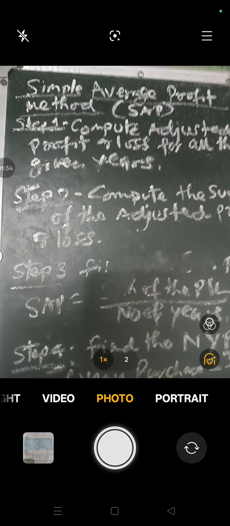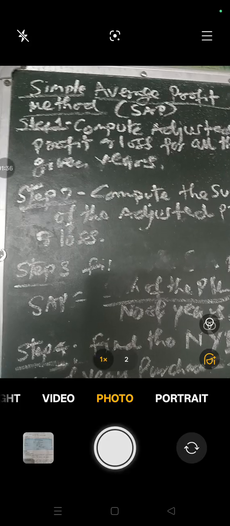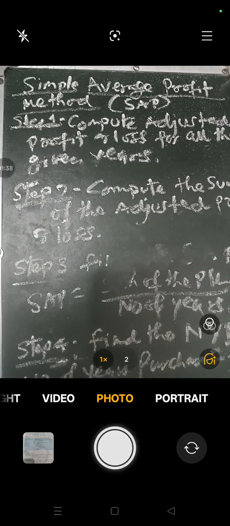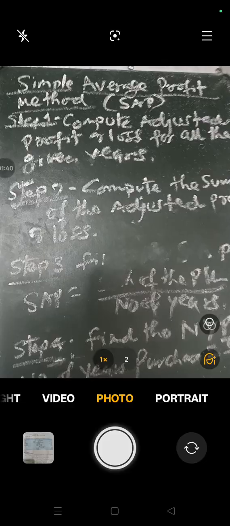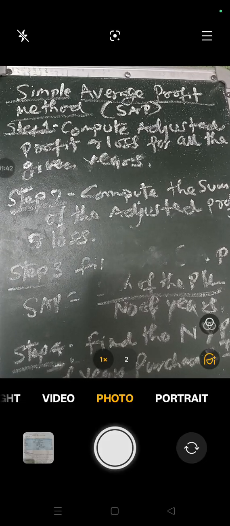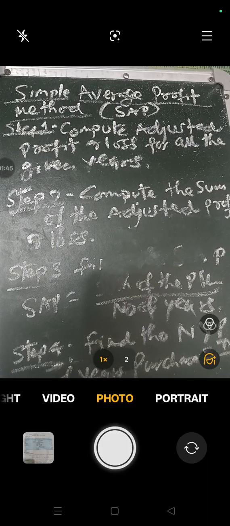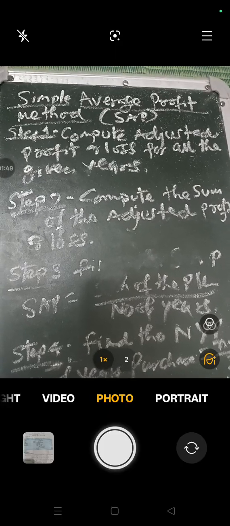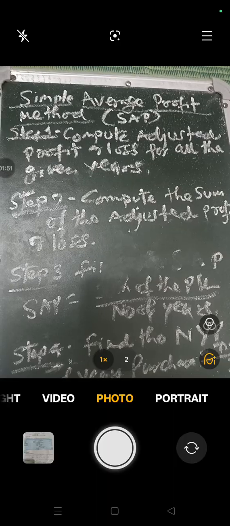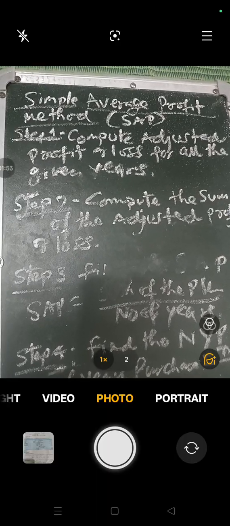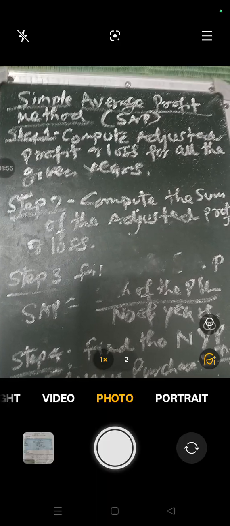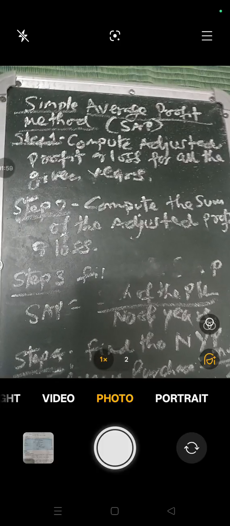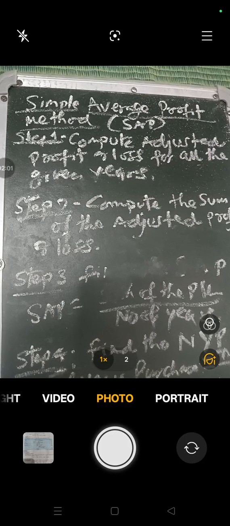And sometimes some operating expenses or operating incomes have been excluded. So out of the given profit or losses, we have to adjust all those items. That is why step 1 tells us to compute adjusted profit or loss for all the given years.